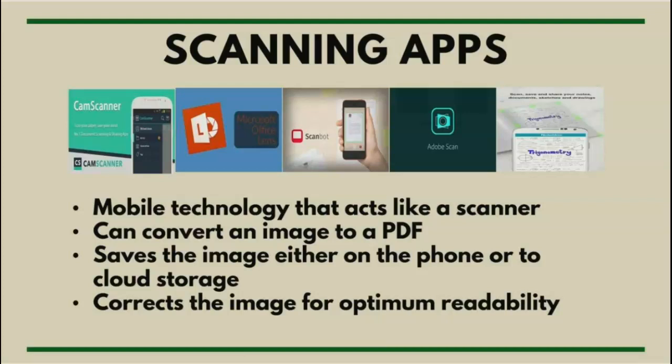However, there are certain costs, and its cloud storage isn't very good. Microsoft Office Lens is great. It does lots of things automatically, but it doesn't send to certain cloud storage things that the students in university use. Scanbot, you pay for it once and then it's done. That's great, but it's not as good as the others. Adobe Scan is the one I'm going to demonstrate in the next video.